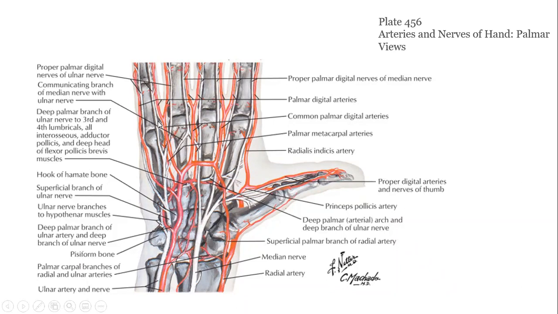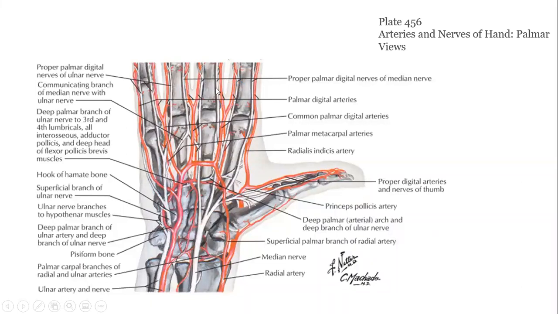This is where the superficial and the deep arches anastomose. And it's only for a moment here at the distal portion of your metacarpals, because then they split to give blood supply to either side of your digits. You can see that here.